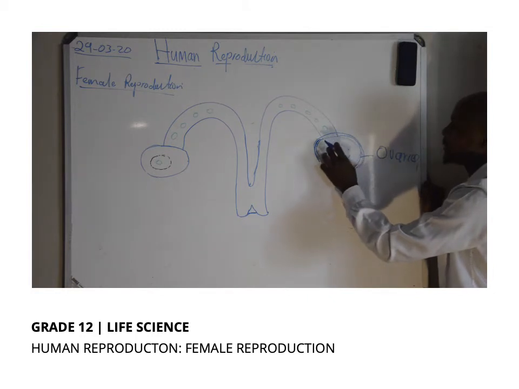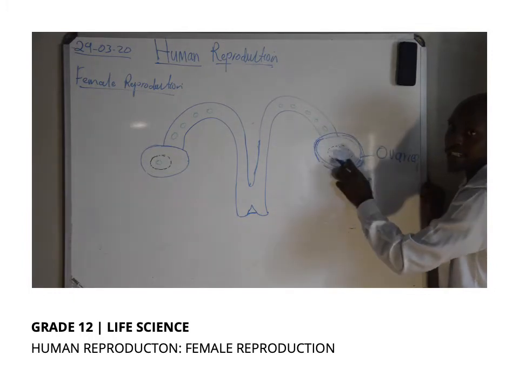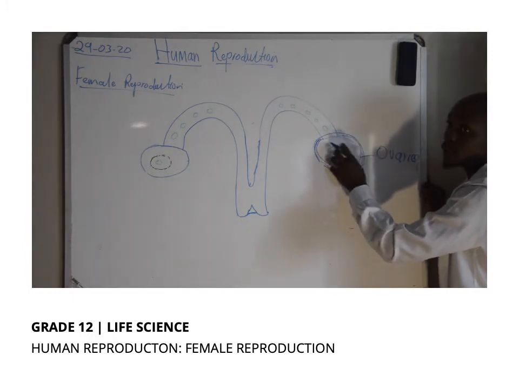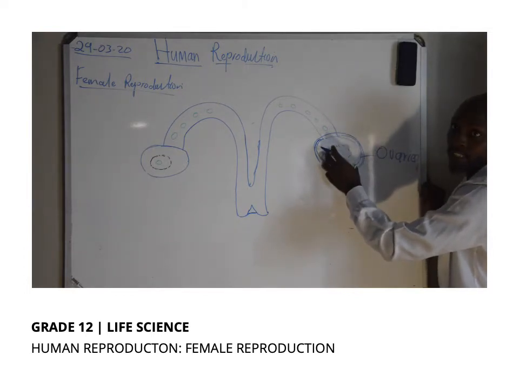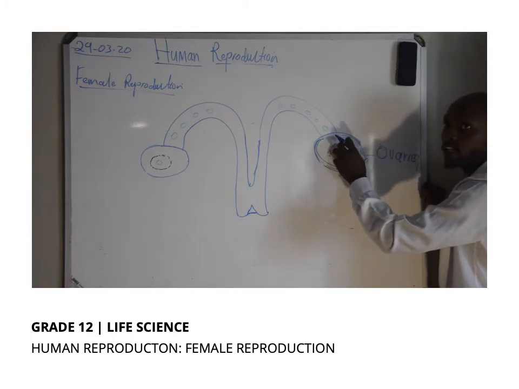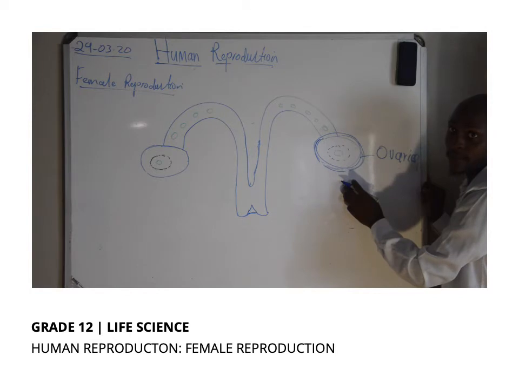We find an invisible follicle, and that invisible follicle must be stimulated. And then after it has been stimulated, you will have an ovum that grows inside that follicle.